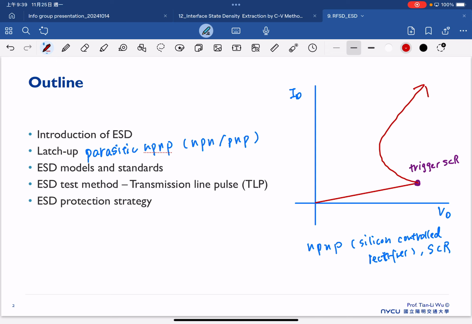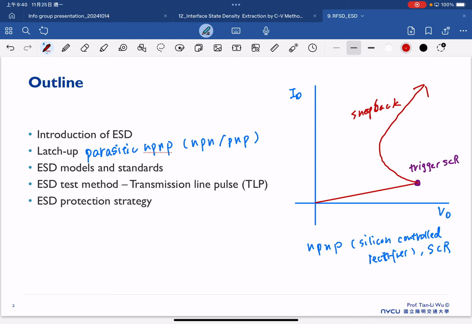This is what we call a snapback. As you see, snapback has a very high current, and in the meantime a very huge voltage applied, so it can cause huge damage in our device.